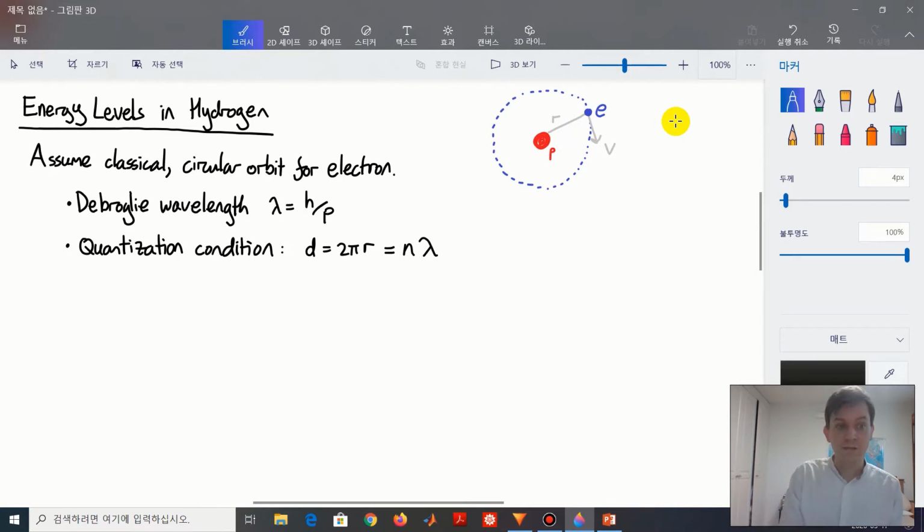Okay, so first of all, we need to do a bit of classical mechanics. Note that in this case, we'll find that the velocity of the electron is much, much less than the speed of light. Okay, and that means that Newtonian mechanics is okay. So we don't need to worry about relativistic formulas for momentum and so on.